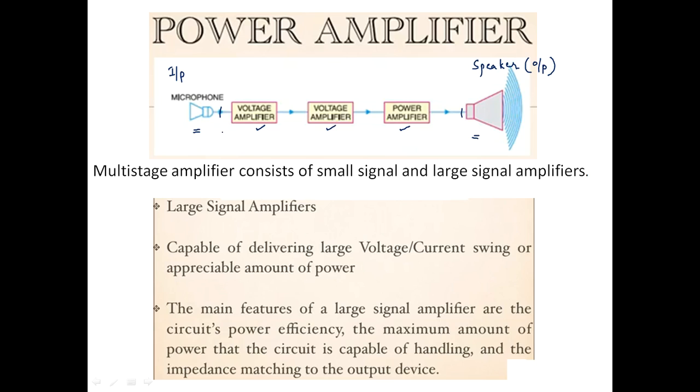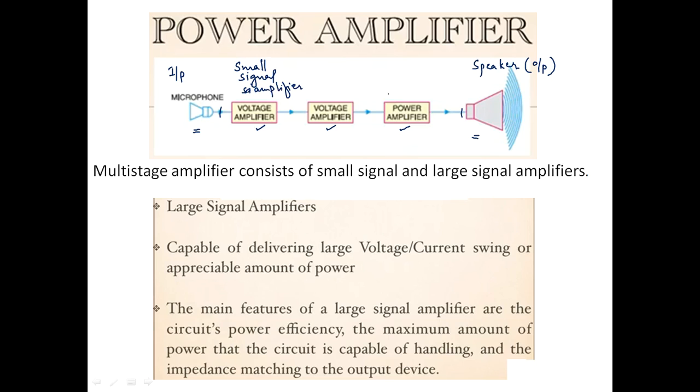At the input side, normally we use small signal amplifiers, because the power strength requirements will be very small at the input side.